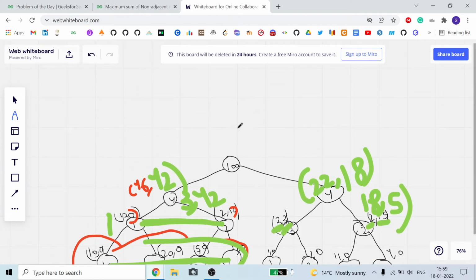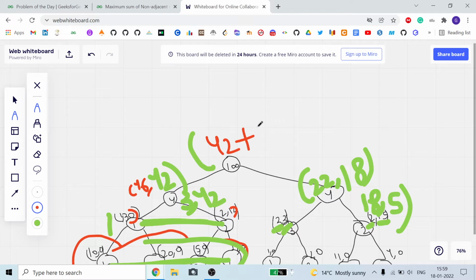Okay, so now for our 100 we have a choice. If our 100 is included, then the answer can be 42 plus 18 plus 100.